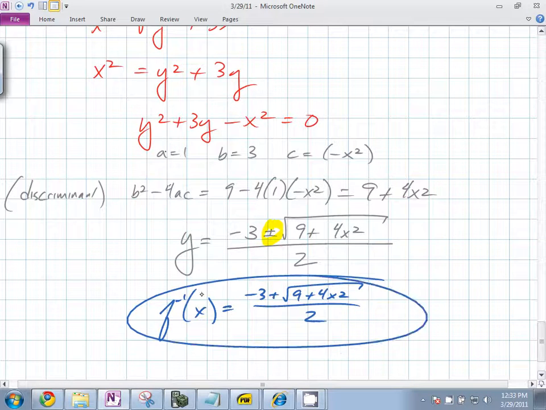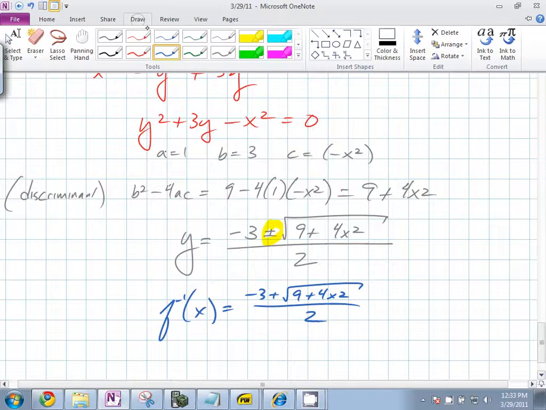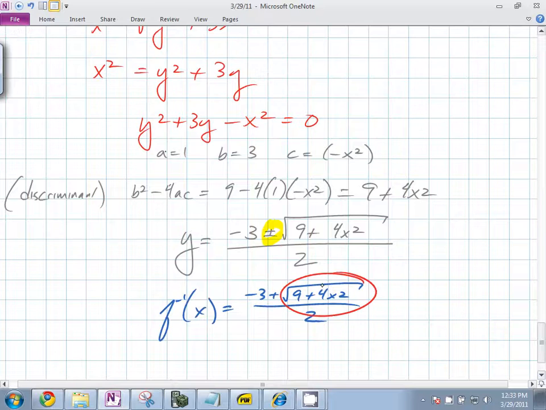Now you might be worried, can this thing be negative? Well, that negative 3 might make it negative, but let's look at the radical here. What's the smallest value this can be? Square root of 9, so what's the smallest thing this whole thing can be? 0. Is there any way to make this thing negative? No. To make it negative, you need to make the numerator negative, right?